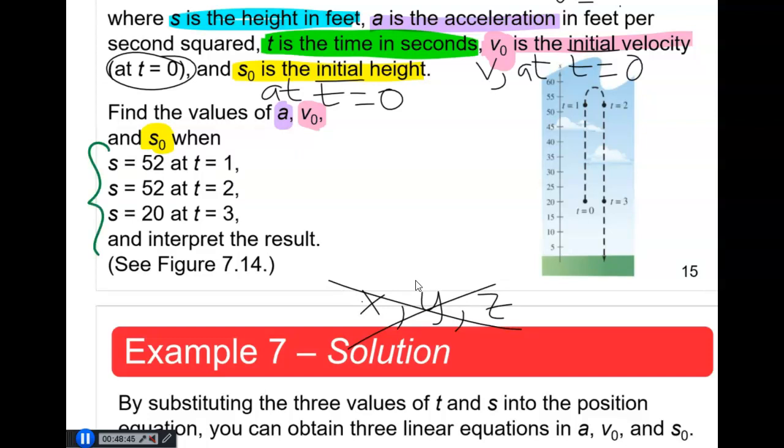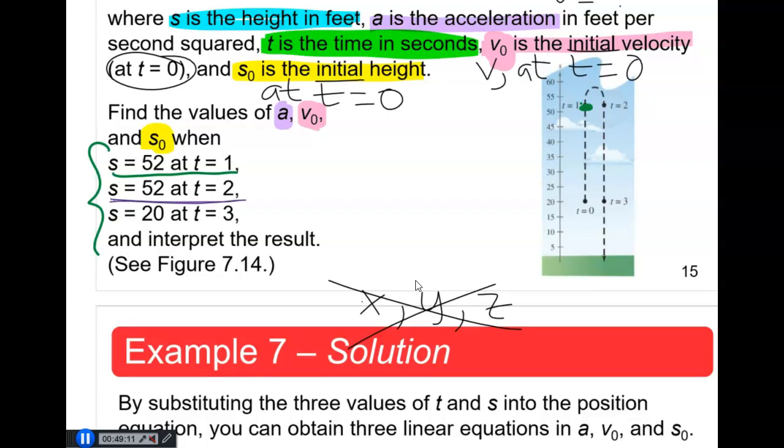So it says that when S equals 52, that happens at t equals 1. So the height is 52 after 1 second, and that is this point right here. Okay, then we have that when S is 52 again, t equals 2.